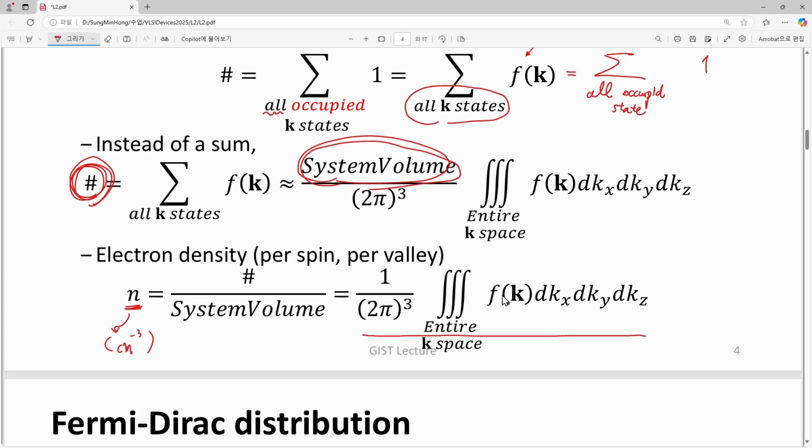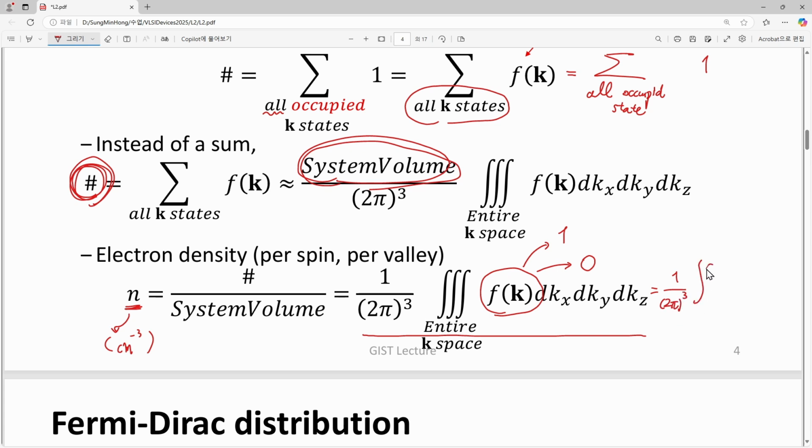Simply speaking, we can just make the k-space integration of the distribution function. Well, then if that is filled, then that will be 1, and if that is empty, then that will be 0.